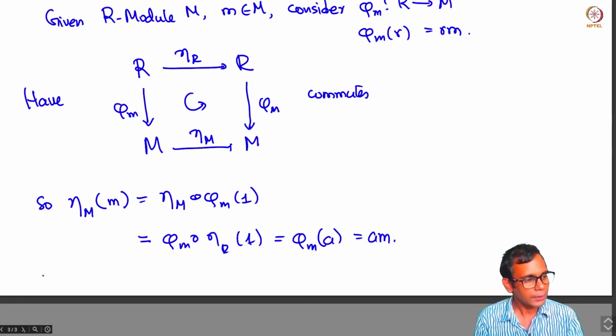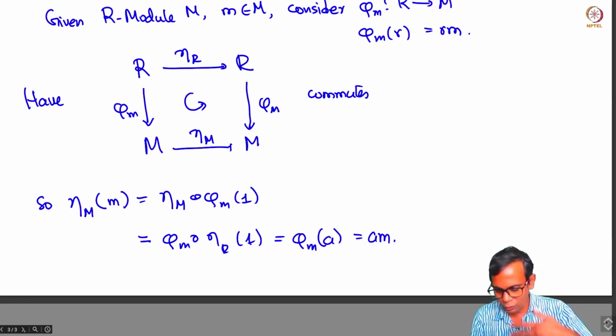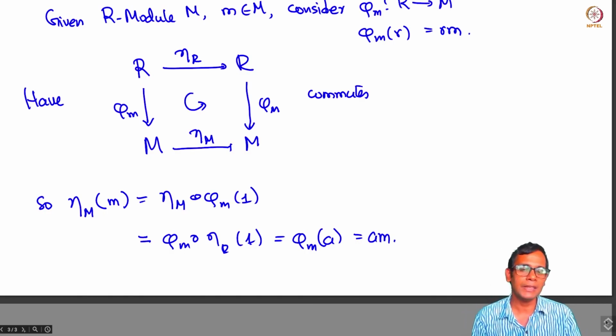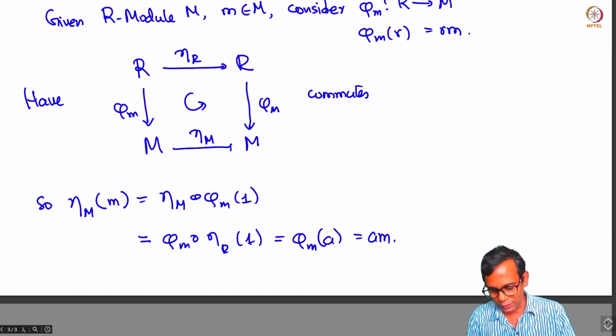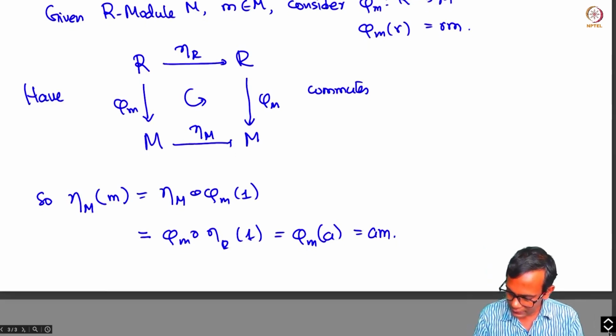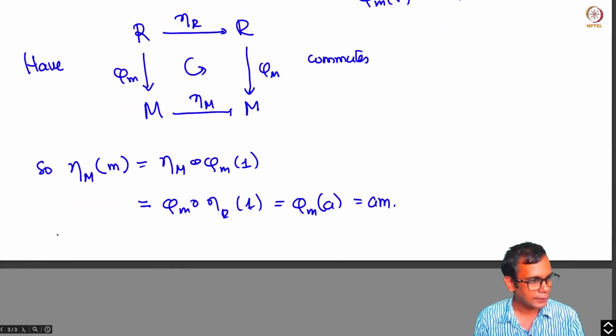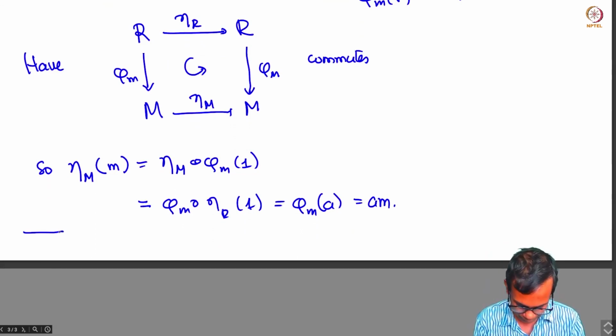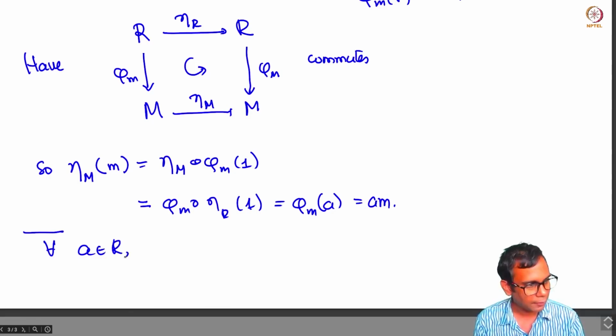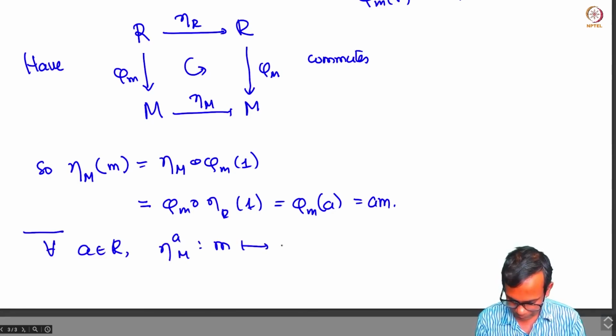But what changes this time is that not every element a of R gives rise to a natural transformation. So the key issue here is that for every a in R, eta^a_M must take m to am.